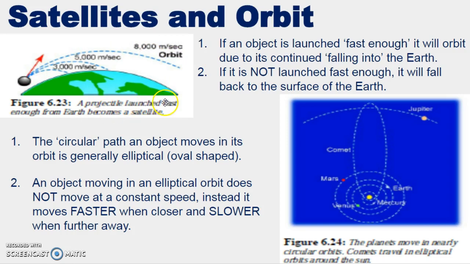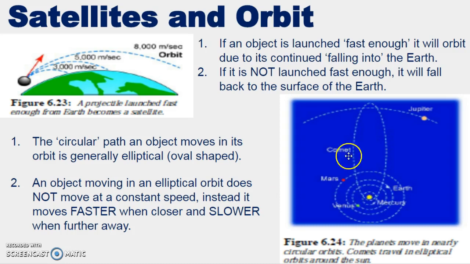A projectile launched fast enough from Earth becomes a satellite, constantly falling back following the Earth's curvature. The path of an object in its orbit is generally elliptical, or oval-shaped. An object moving in an elliptical orbit does not move at a constant speed. Instead, it moves faster when it's closer to the object and slower when further away.